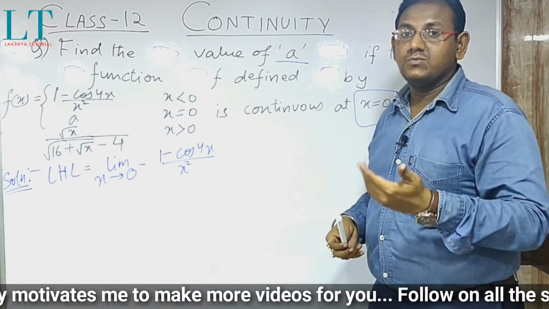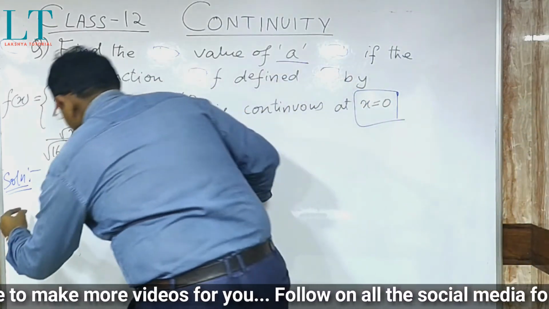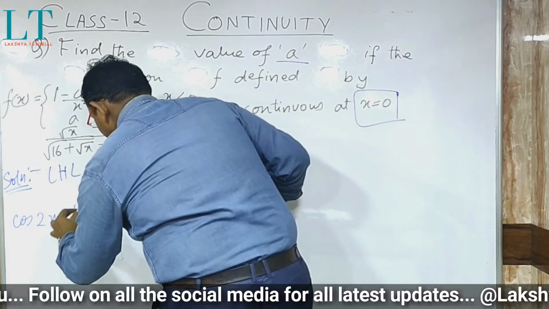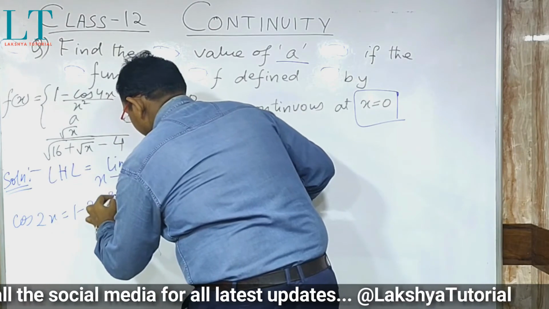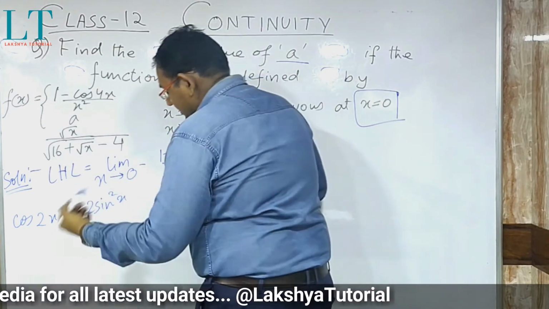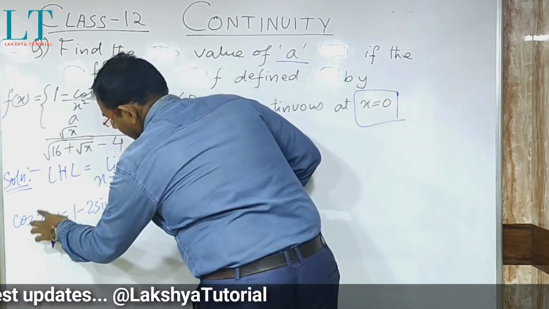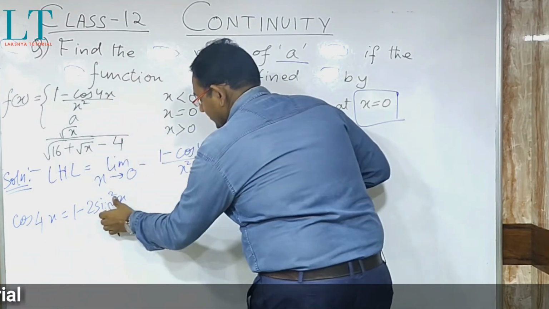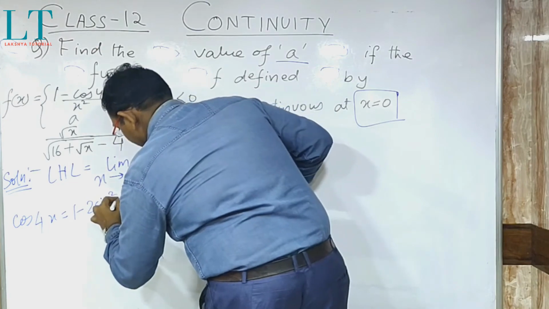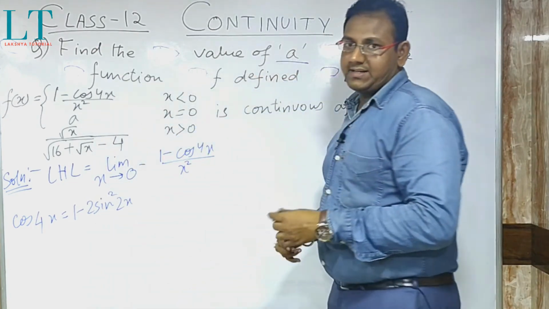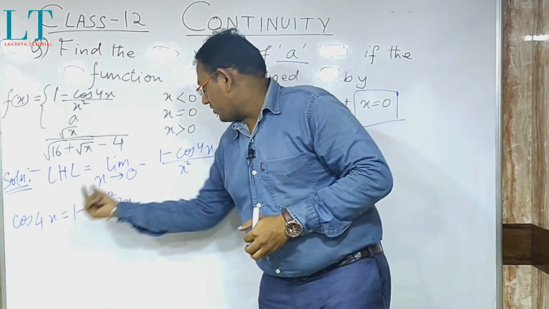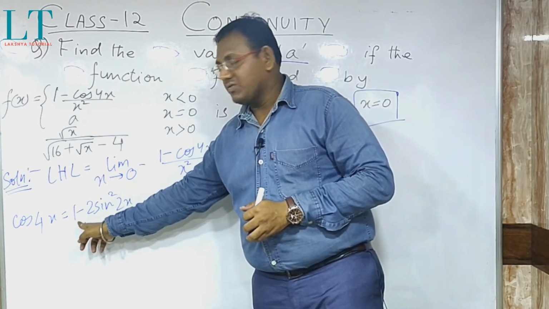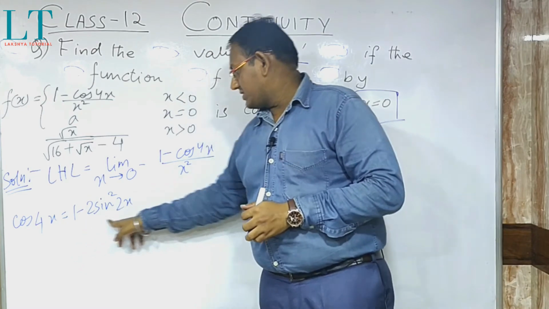Now what is the formula that we are going to apply over here? We already know the formula of cos 2x, that is 1 minus 2 sine square x. Now think, if we are going to write 4x over here instead of 2x, then we are going to write 2x over here instead of x. So we can see this part cos 4x over here, and after seeing this part we can say that this cos 4x need to be substituted with this value.